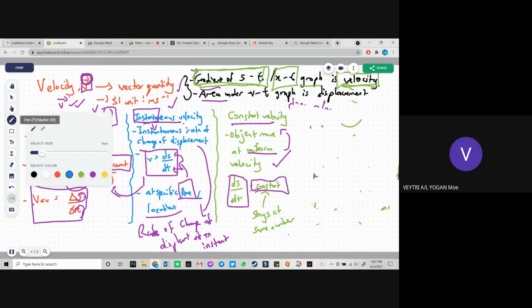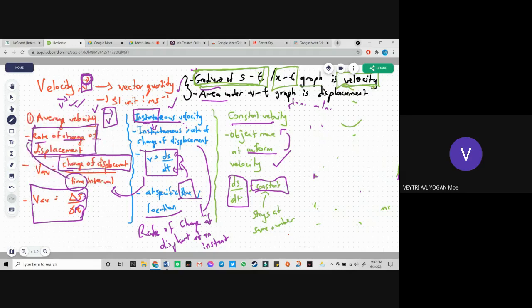Alright, now when we are talking about VT graph, same thing. Basically kan, V dash T ni is actually V T. Jangan lupa unit. Tanpa unit, tiada markah. Time second.